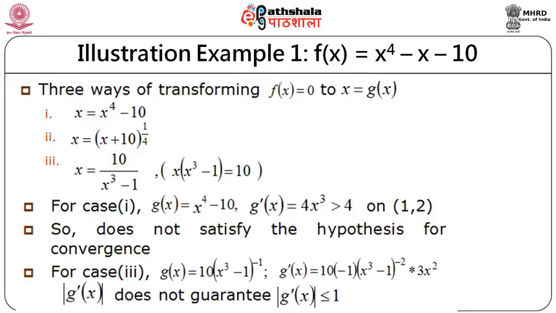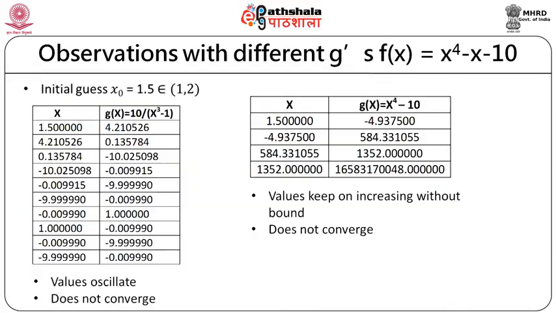The third one, g(x) equal to 10 by x cube minus 1. If we take the derivative, 10 is constant, x cube minus 1 raised to minus 1 gives us minus 1 into x cube minus 1 raised to minus 2 into the derivative of x cube minus 1, which is 3x square, and this value of g dash x should give us less than or equal to 1.